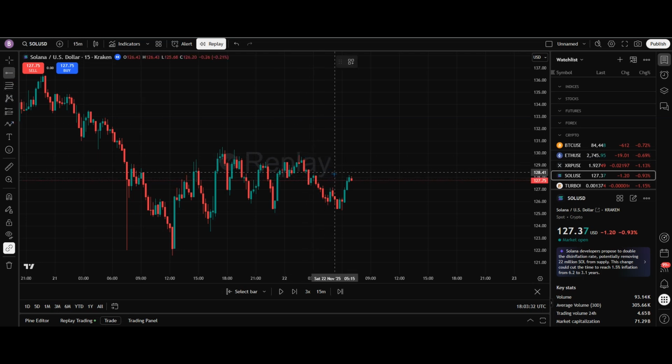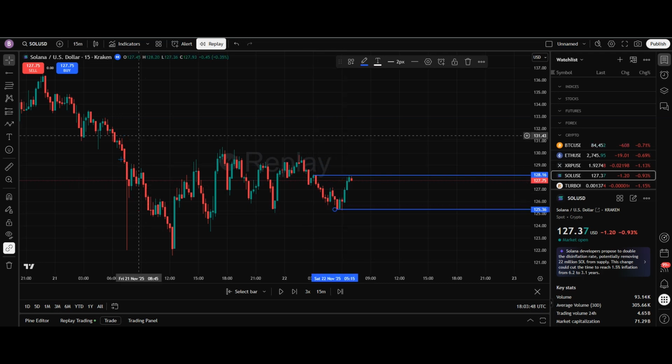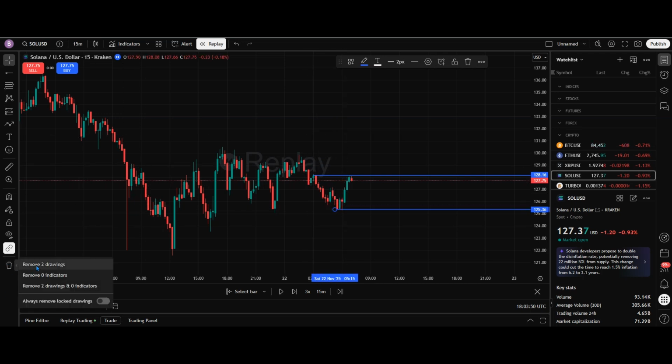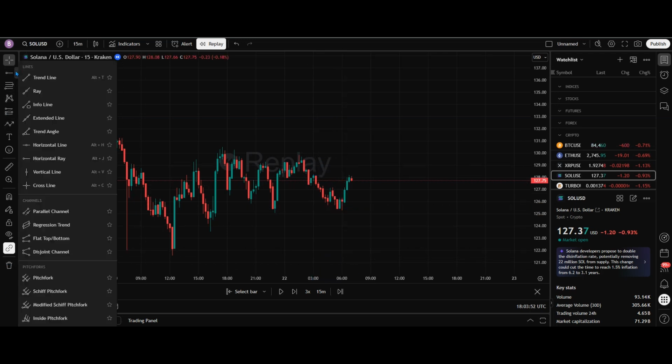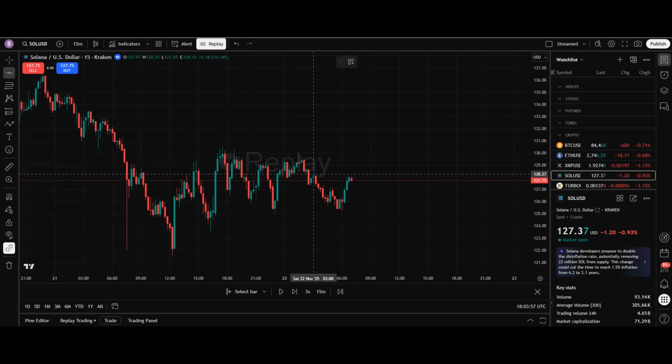So if I take the same array line and I say, okay, let's mark this as the resistance, and let's mark this as a support. Actually, I'm going to do a horizontal line so that you can see a wider scope of support and resistance.